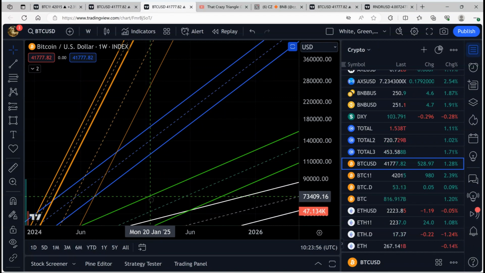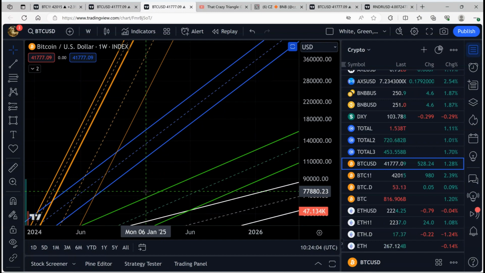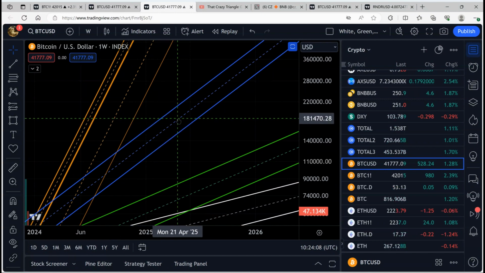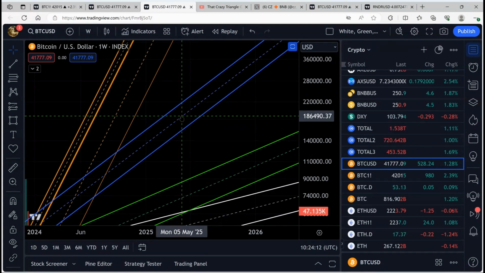What if we pulled back to the green line, back to 72,000? Maybe. And then up to 187,000 in April, May? Maybe.